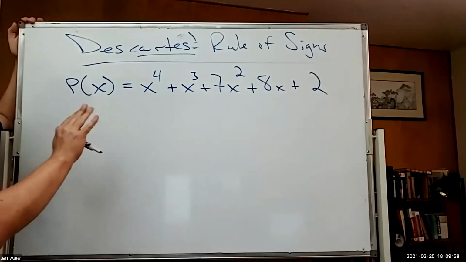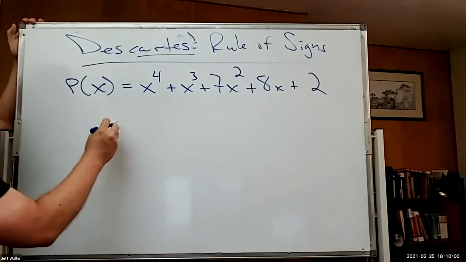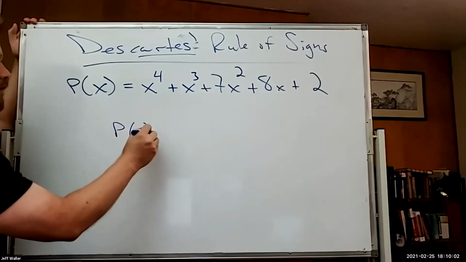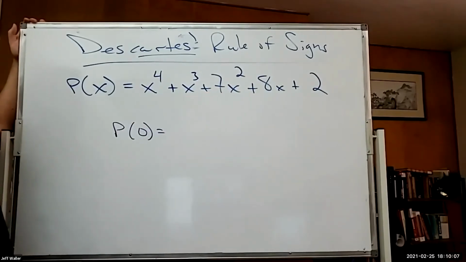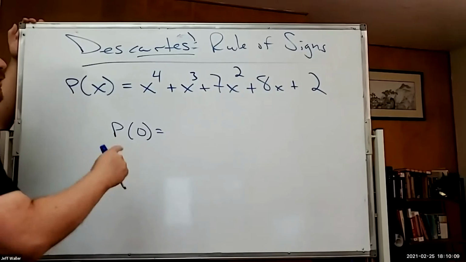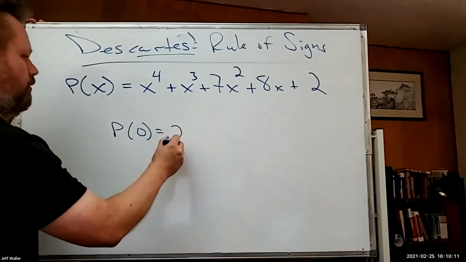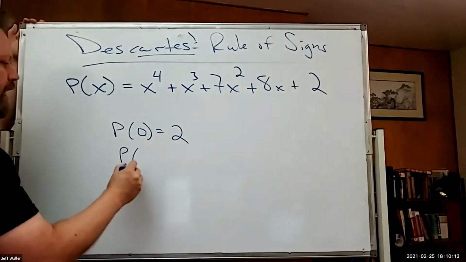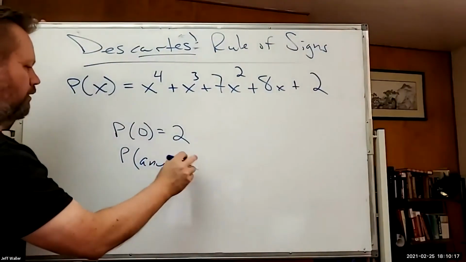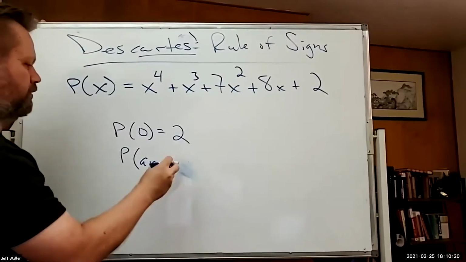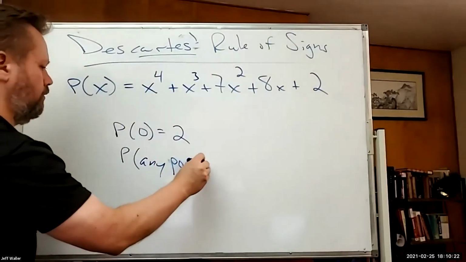Somebody's asking me, so what is P of 0 here? What is P of 0? It's 2. So what would P of anything bigger than 0, any positive number, be?